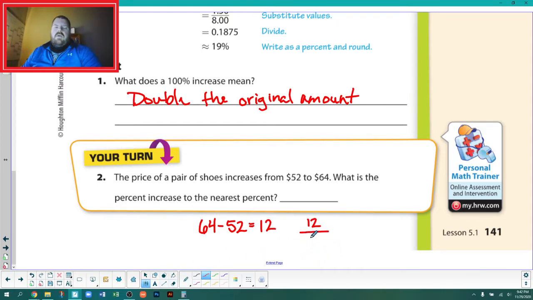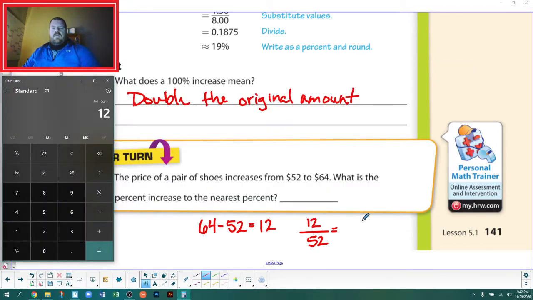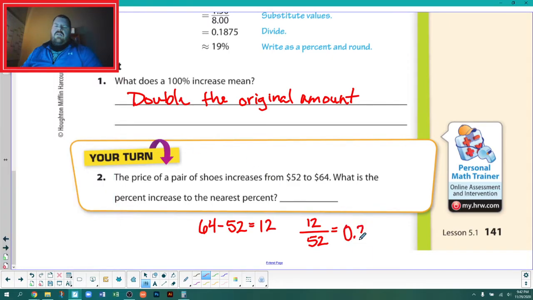I don't want you to have to worry about what this is, so use a calculator. Divide it by 52, and we get 0.23, and then 07. They want us to round it to the nearest percent. To turn a decimal into a percent, bump the decimal over 2 places, and we get 23%.